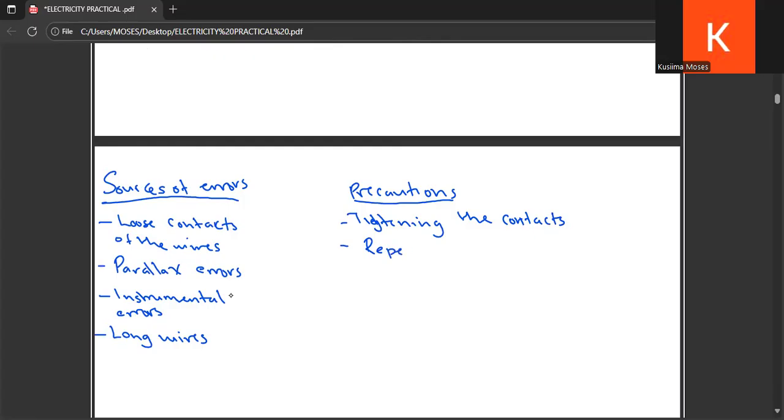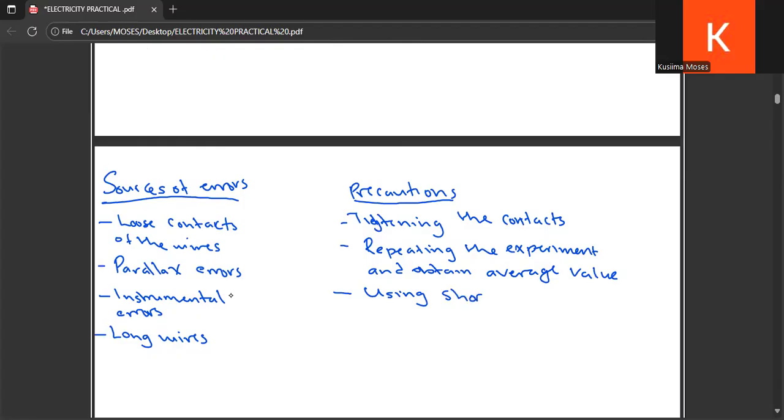Repeating the experiment and obtaining the average value. Using short wires. Those are some of the precautions.